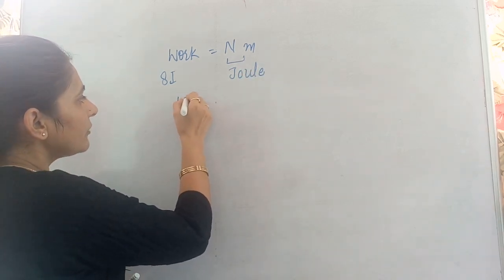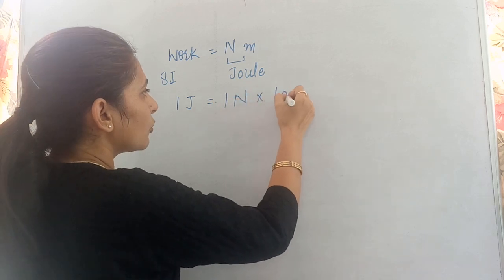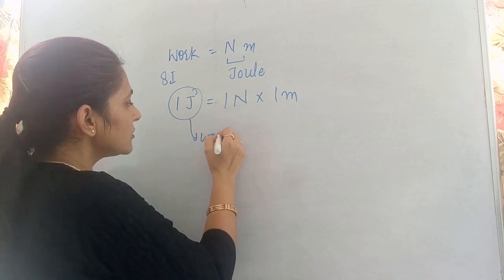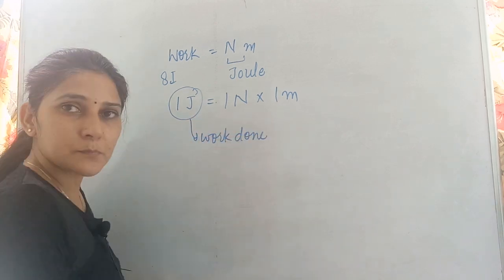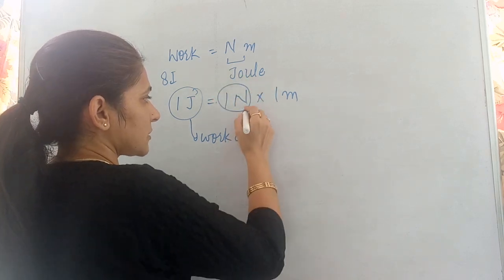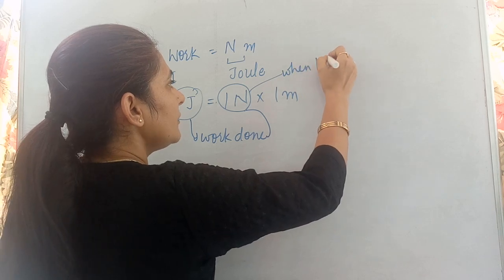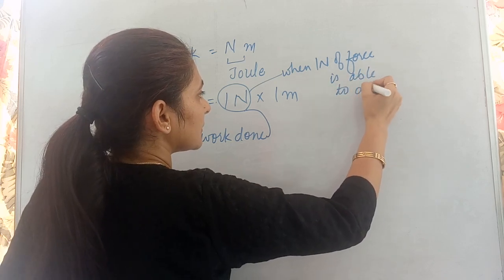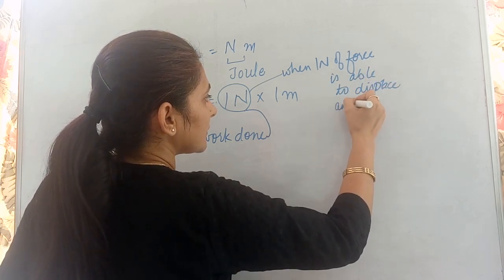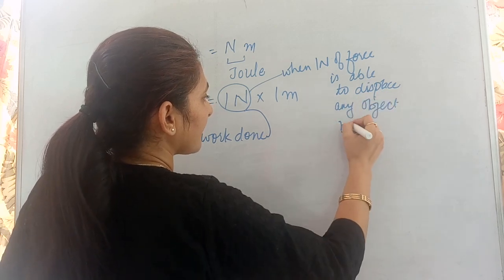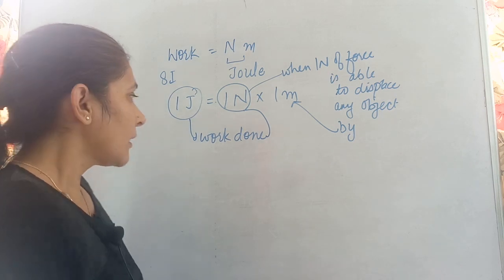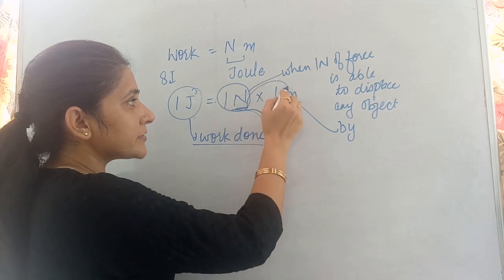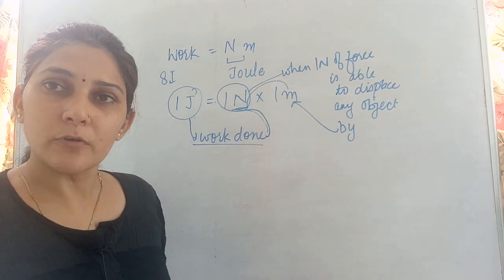Okay, so how can you define 1 joule? 1 joule is given by 1 Newton into 1 meter. 1 joule is the work done when 1 Newton of force is able to displace any object by 1 meter. This is the definition of 1 joule.